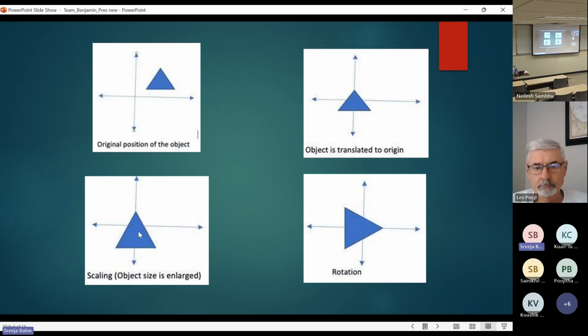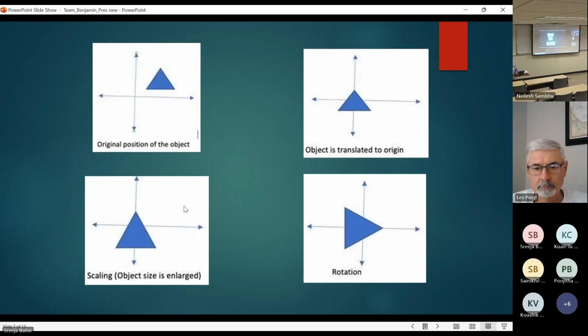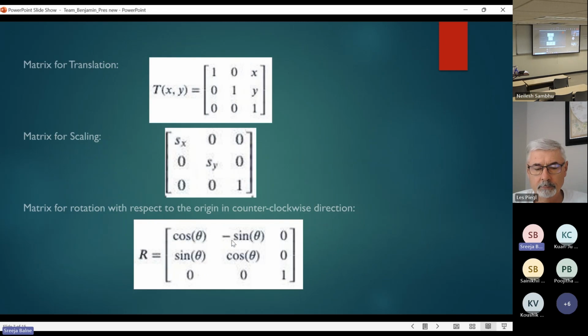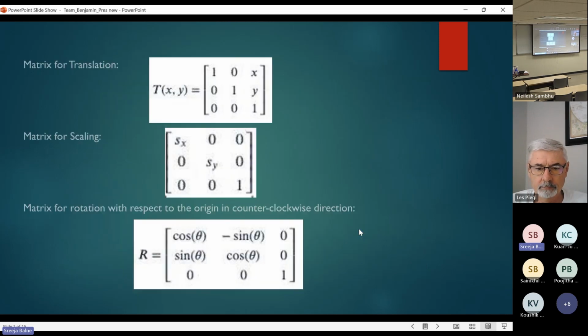Then scaling. This is the matrix for the scaling after translation. Sorry, this is rotation. The final matrix for the rotation, where we have rotated the image in a clockwise direction, will be of this form.